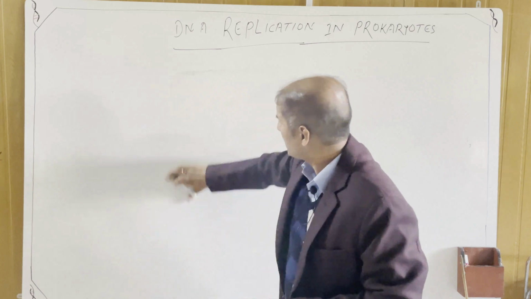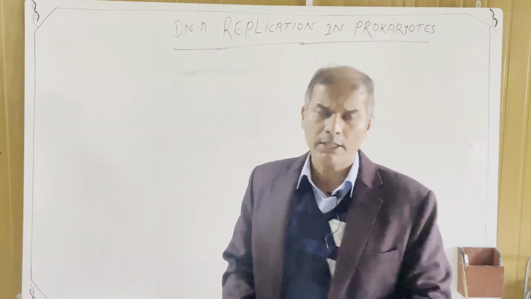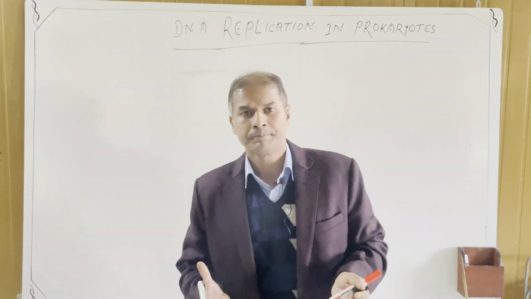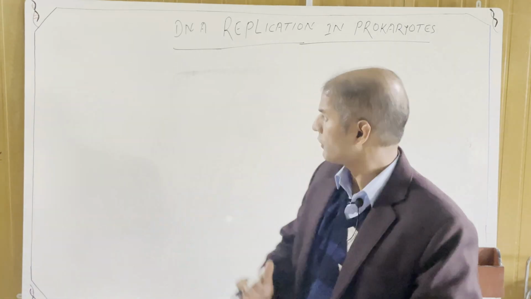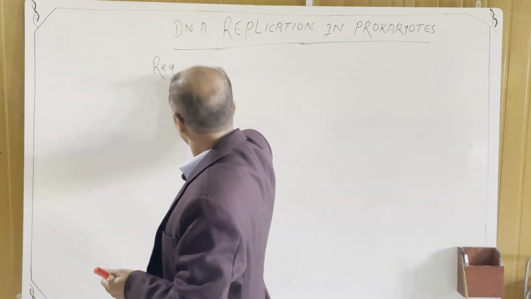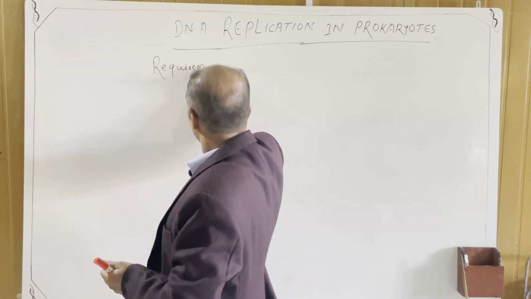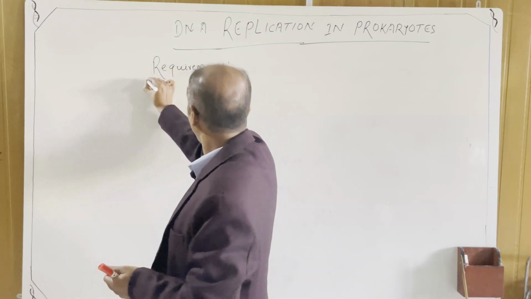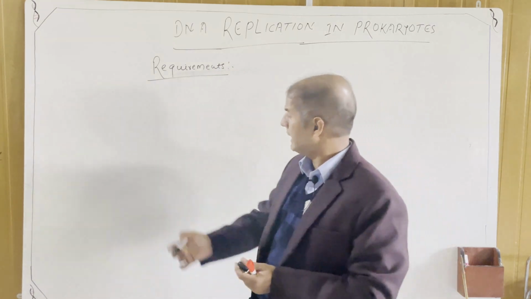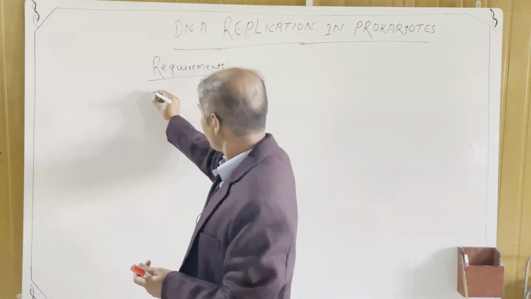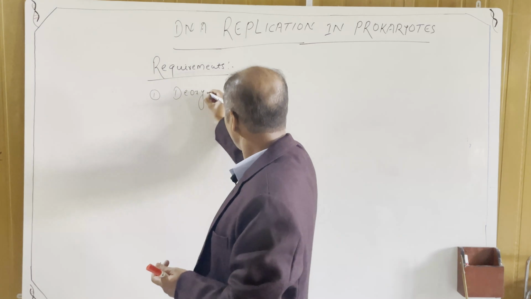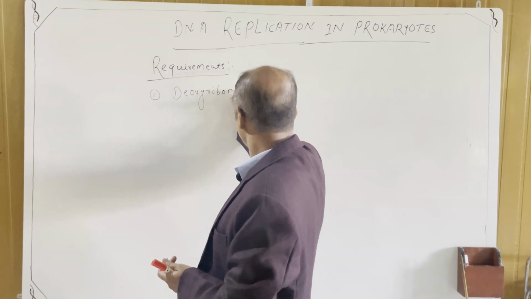Before going through the different steps of DNA replication in prokaryotes, at first we have to know what the different requirements are for the DNA replication process. So at first we will talk about the requirements. Since we have to form daughter DNA molecules from parental DNA, one of the major requirements is deoxyribonucleotides.